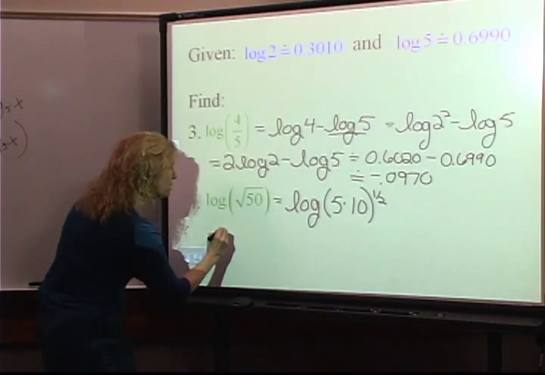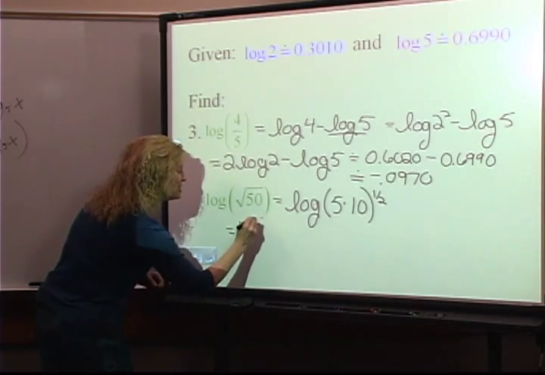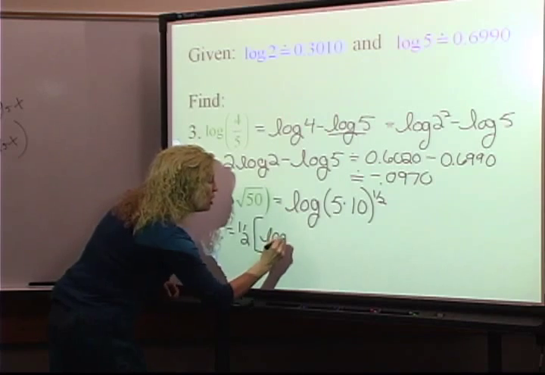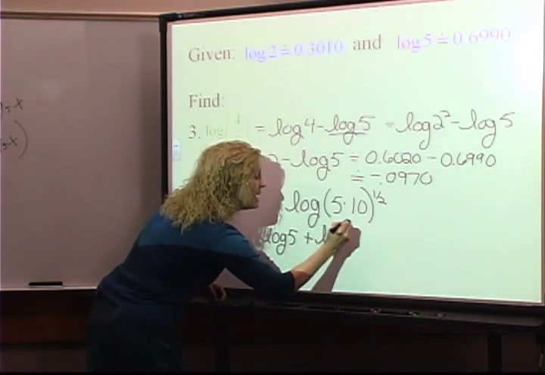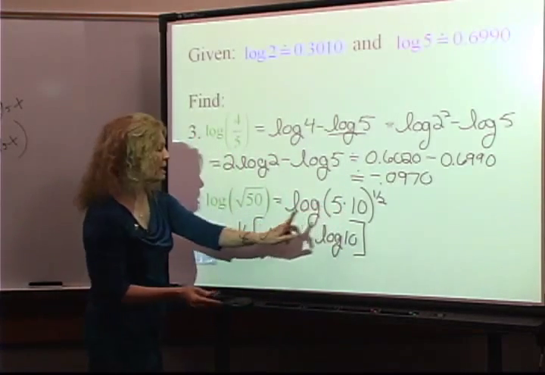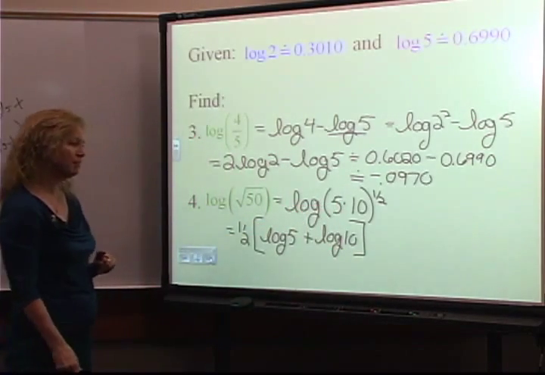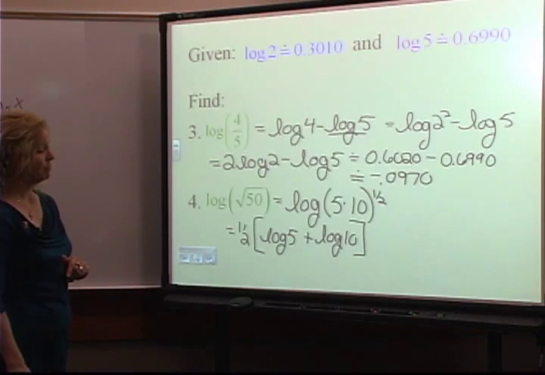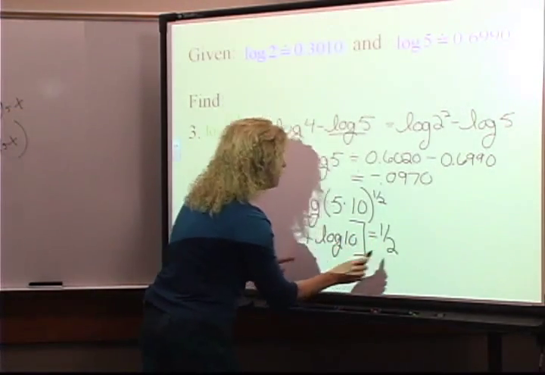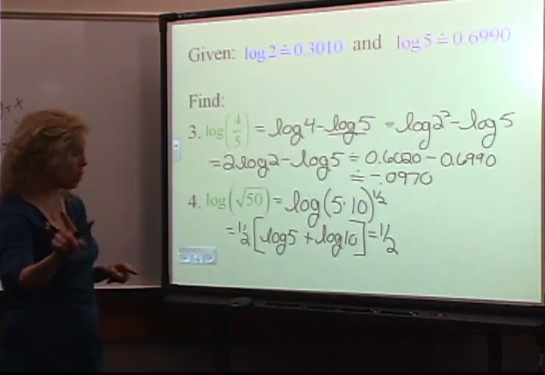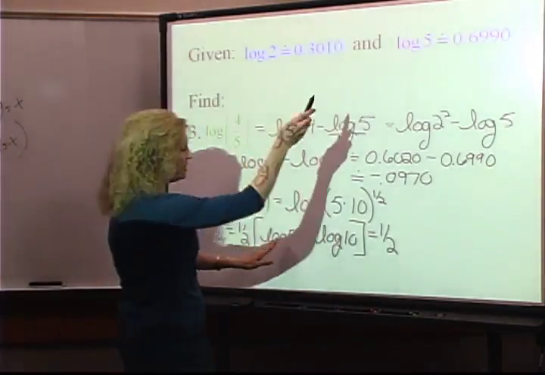So this is going to be 1/2 times log of 5 plus log of 10, right? Multiplication gets split into addition. Well, let's see here. The log of 10 is 1. Add it to that guy.